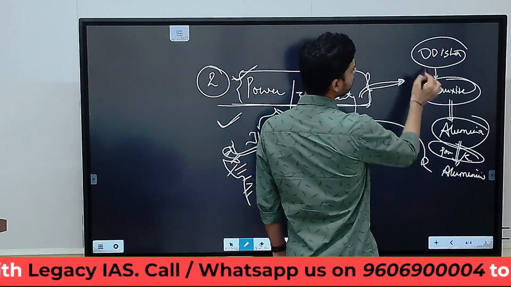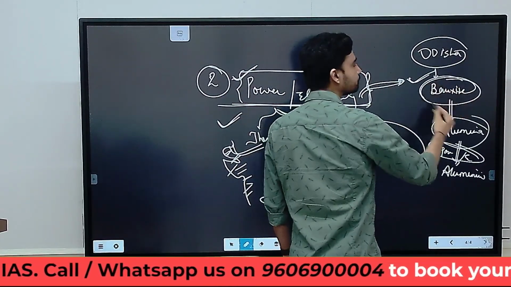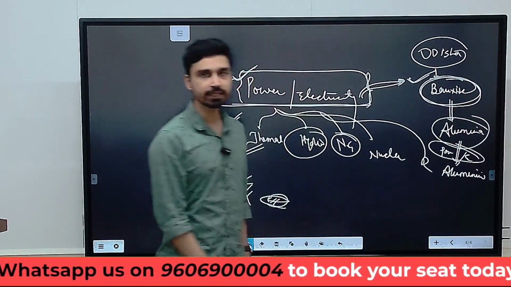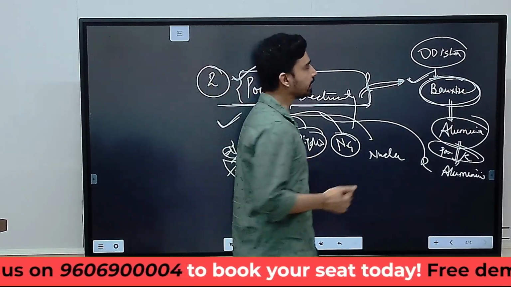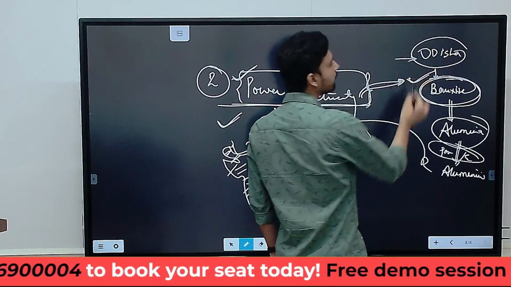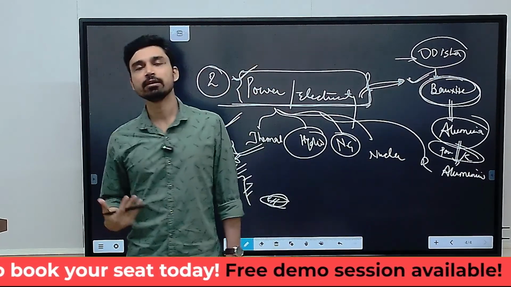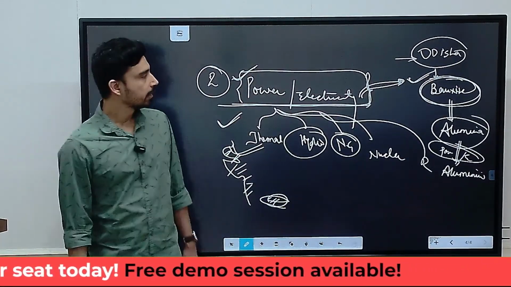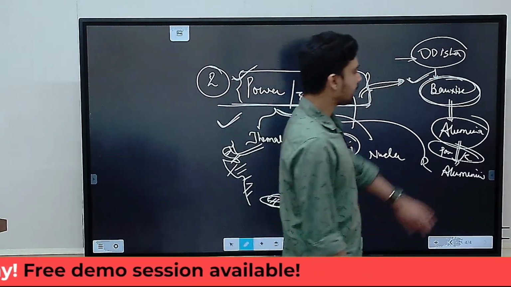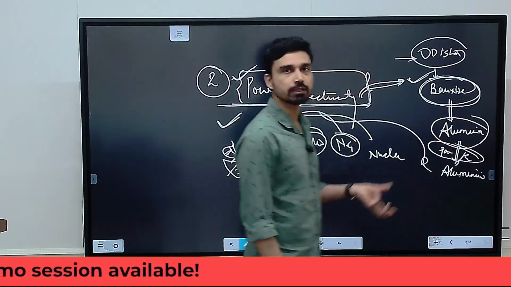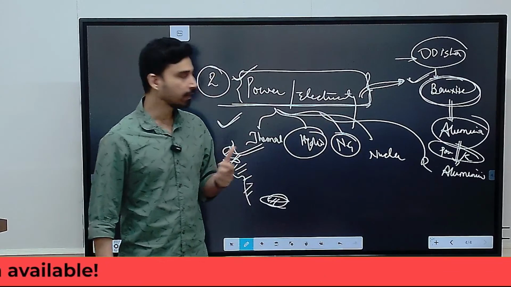And that is what we can understand in this case study: despite Odisha having the highest reserve of bauxite, in the initial time, since there was a very irregular supply of power, Odisha was an energy deficient state. Thus, it was not able to attract aluminium smelting industries. And then what happened?